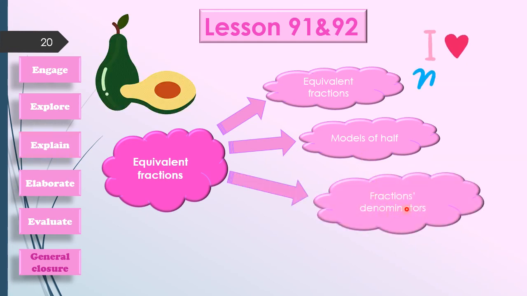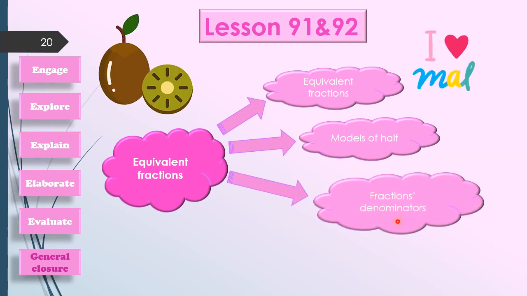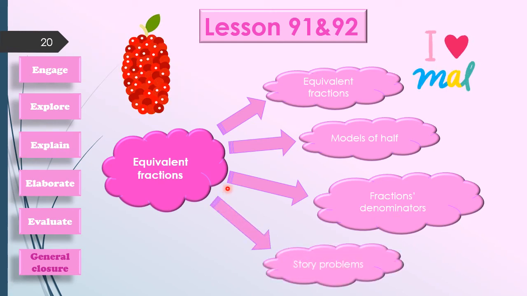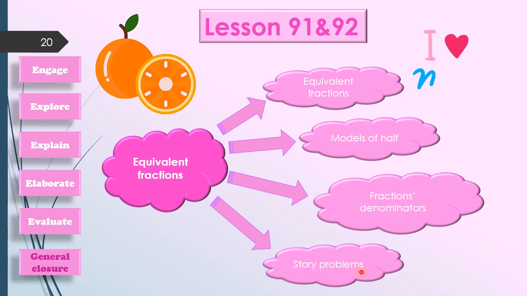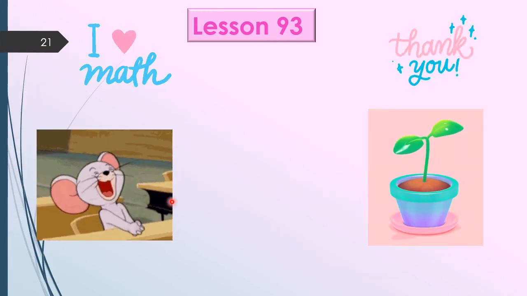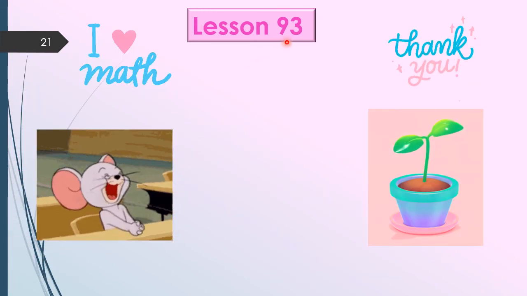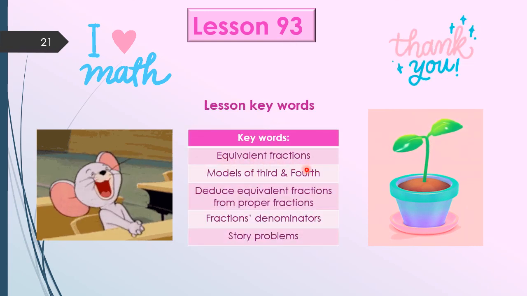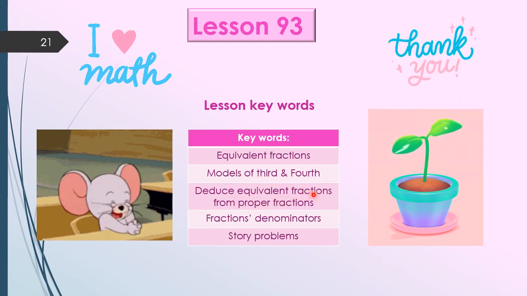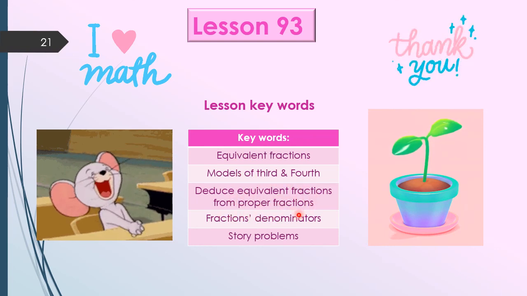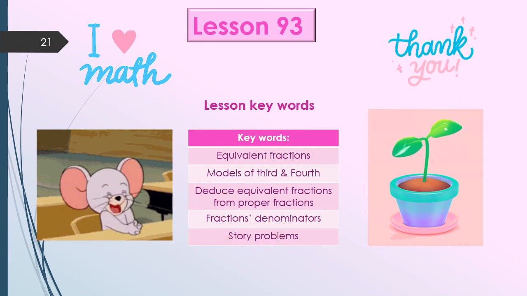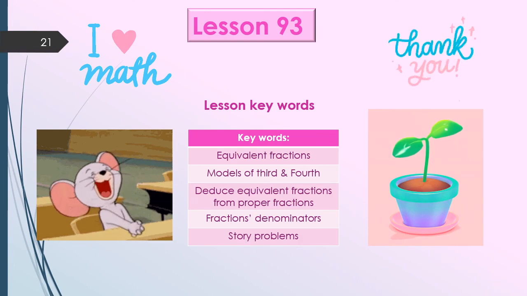Here we have fractions with denominator 2, and we look at the denominator to get the equivalent fraction, and we solved the story problems about it. About the next lesson, lesson 93, our keywords are equivalent fractions, models of third and fourth, deduce equivalent fractions from proper fractions, and story problems about them. Thank you. Goodbye.